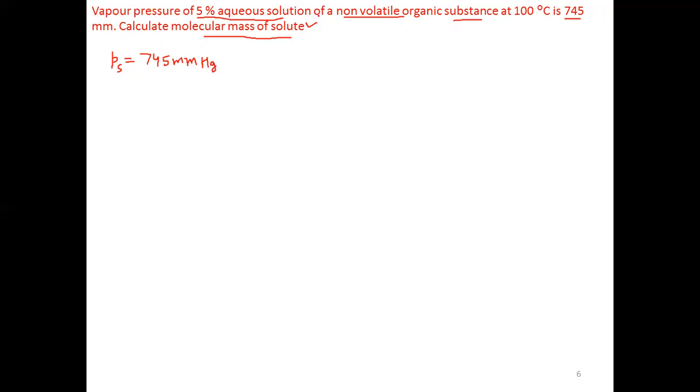What else are we given? We are given a 5% aqueous solution of a non-volatile organic substance. What does this mean? This means that 5% aqueous solution means 100 gram of solution. It contains how much solute? 5 gram. So in 100 gram of solution, solute is 5 gram.